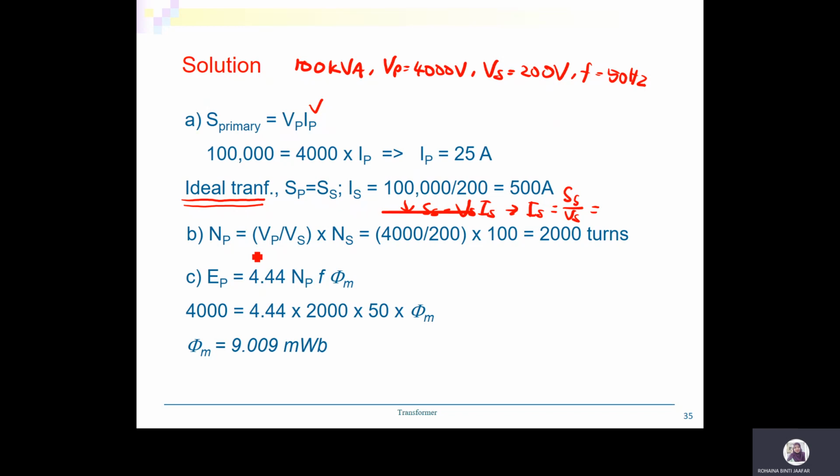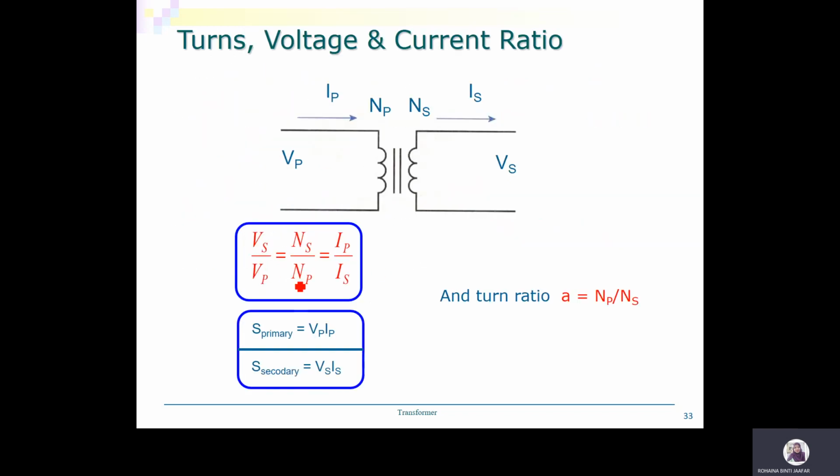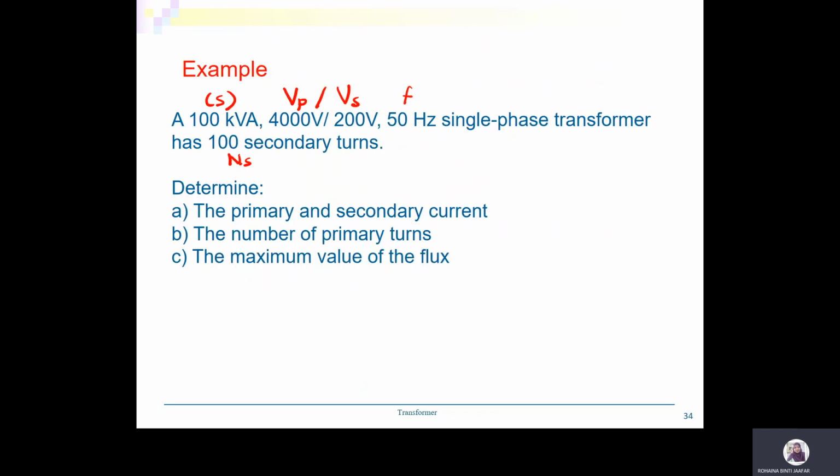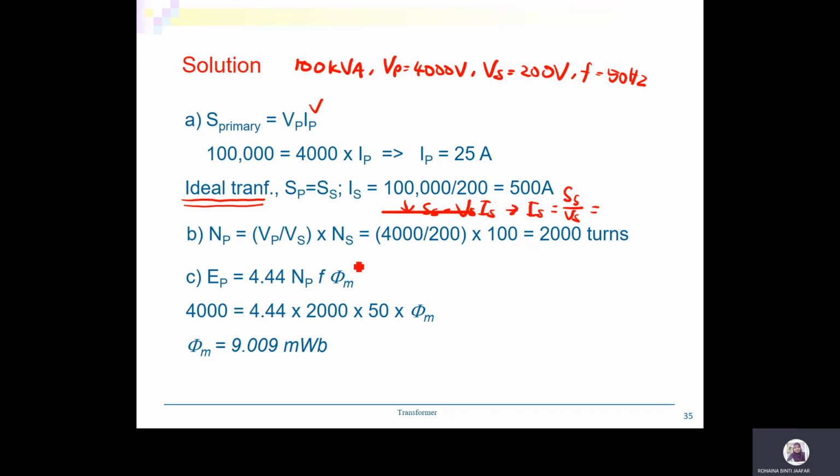Okay, and then next one, the question asks you to find the number of turns at primary. This one is from the formula Vs over Vp equal to Ns over Np.